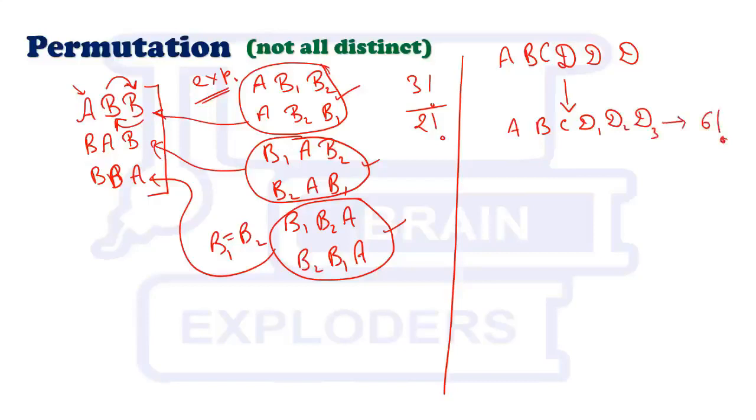But let us choose any random permutation, say A, B, D1, C, D2, D3.